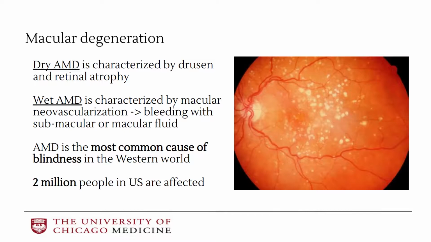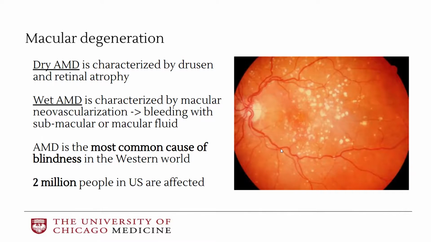Somebody who lies in bed in the hospital for 2 weeks and doesn't get up, and then after that they get up and try to walk, they'll feel weak because their muscles atrophied a little bit during the time they were resting. And so the retina gets a little bit weak. You can understand it like that. So that's dry macular degeneration, and this photograph is likely a dry AMD patient.